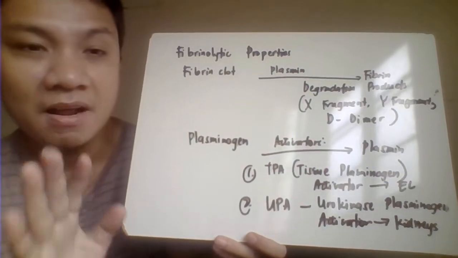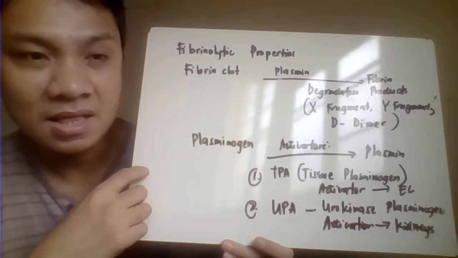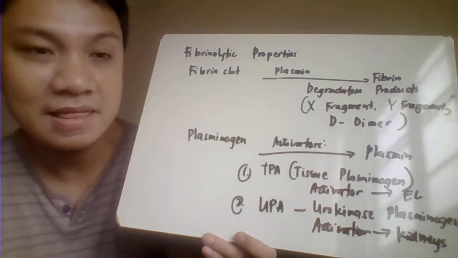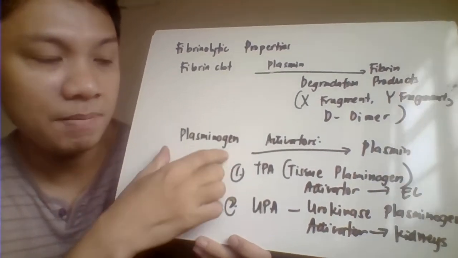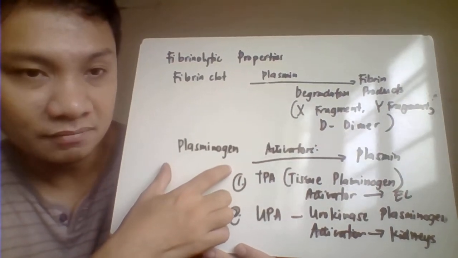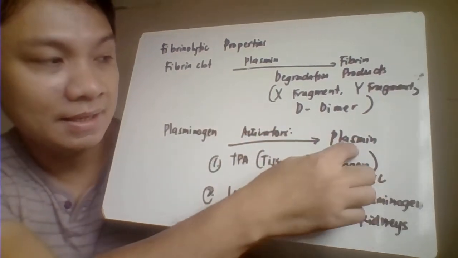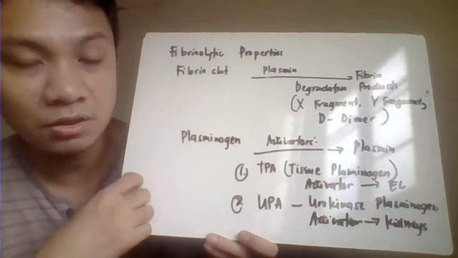Okay, however here, para magkaroon tayo ng plasmin, your plasmin is being produced by the liver in the form of the inactive na protein or the hormone in the form of your plasminogen. Okay, para maging plasminogen natin, para it would adhere in your fibrin clot, kailangan mo muna ng activators.